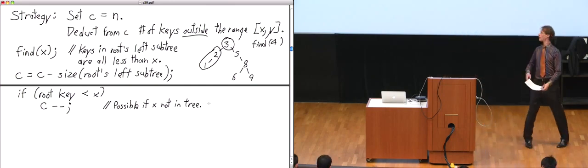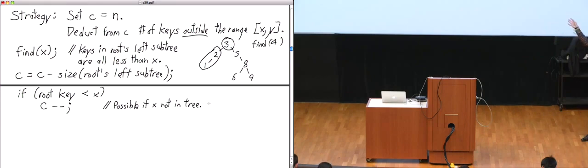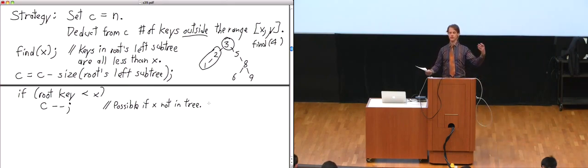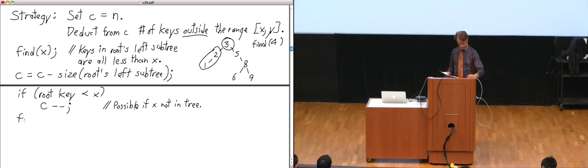So now we have counted how many keys in the splay tree are less than x, and we've done it in log n time. And now we just do the same thing symmetrically for all the keys that are greater than y. So I do find y.